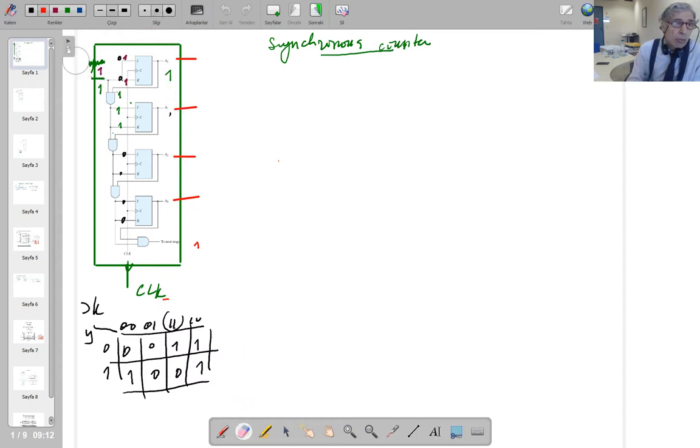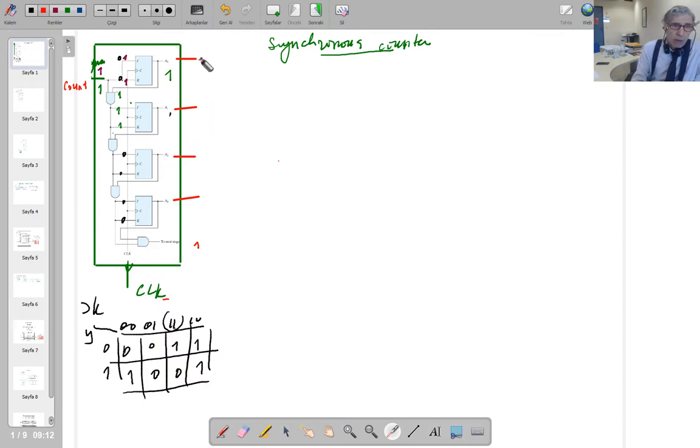So this input here is called count. And this is the clock input. As you see, the clock input is connected, let me show it like that, to this, to this, to this, and to this. That means a central clock.